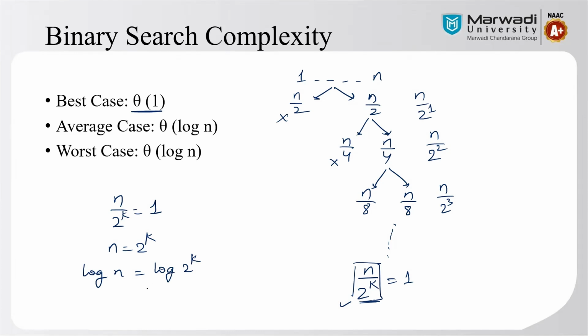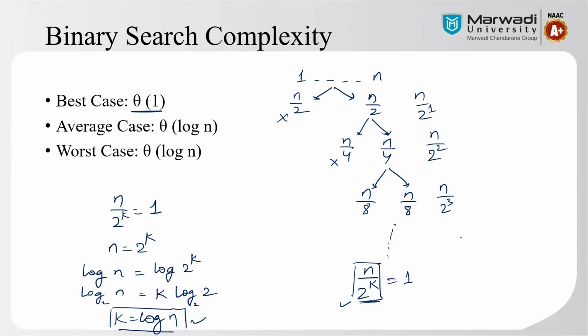According to the properties of log, this k can come to this side. Now we are taking base 2 for the log, so log 2 by log 2 will become 1. The value of k will finally be log n.